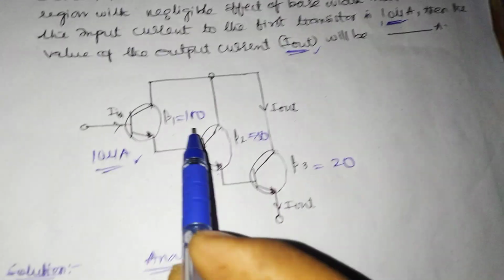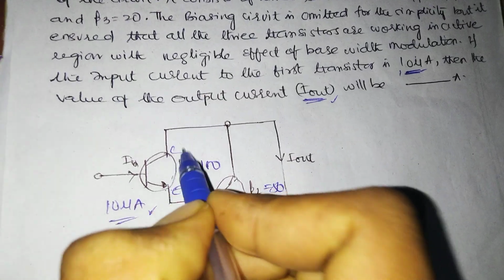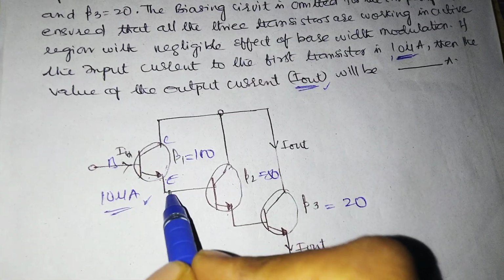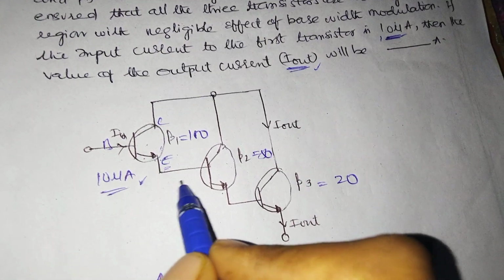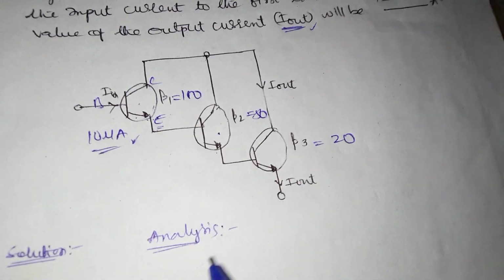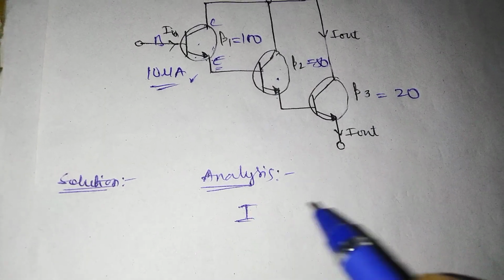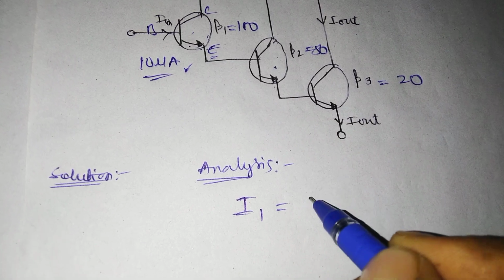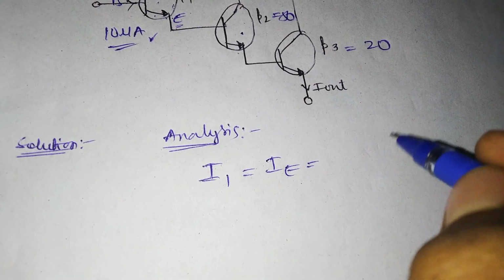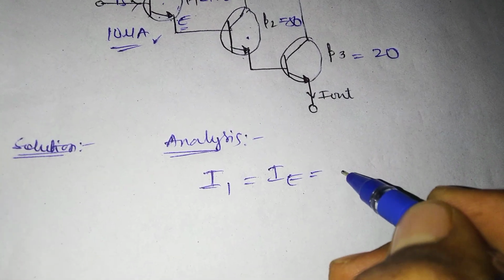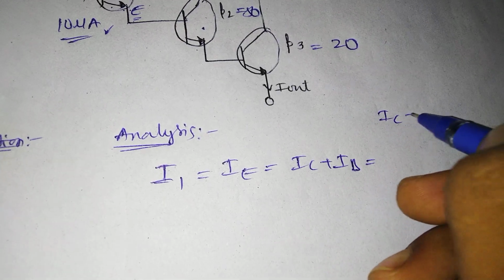So we already know that the output is taken from the emitter, collector, base. It is an NPN transistor, right? So the emitter is the output of transistor 1, and it gives the input to transistor 2. By analysis, I1, that is nothing but IE of transistor 1, IE equals IC plus IB, where IC equals beta into IB, right?